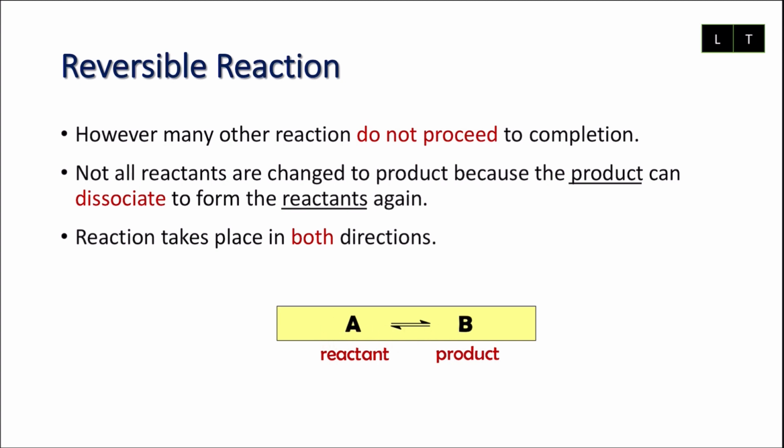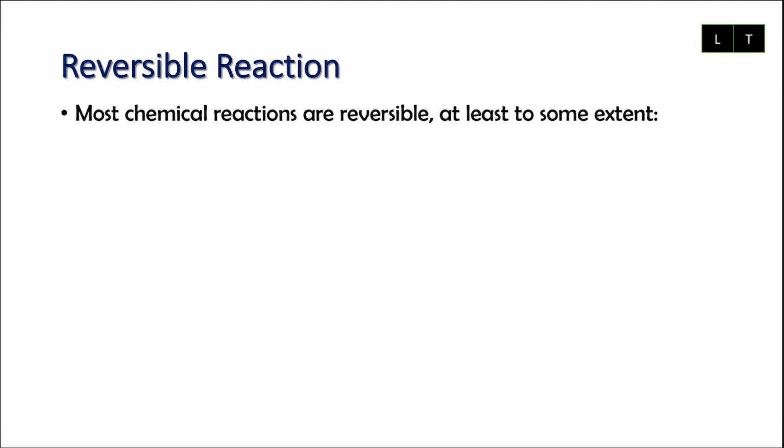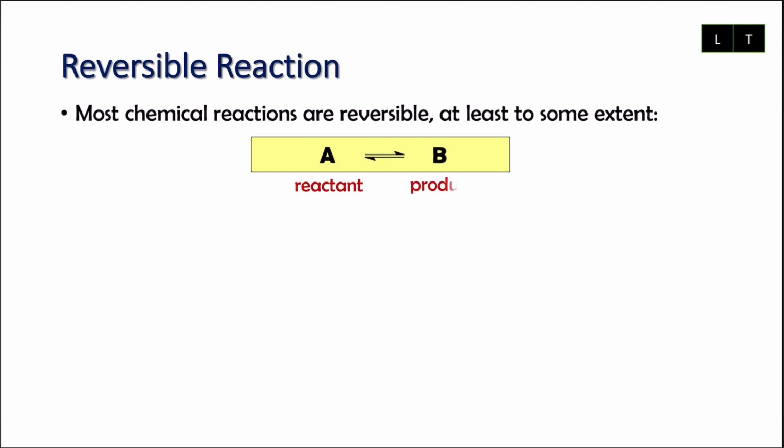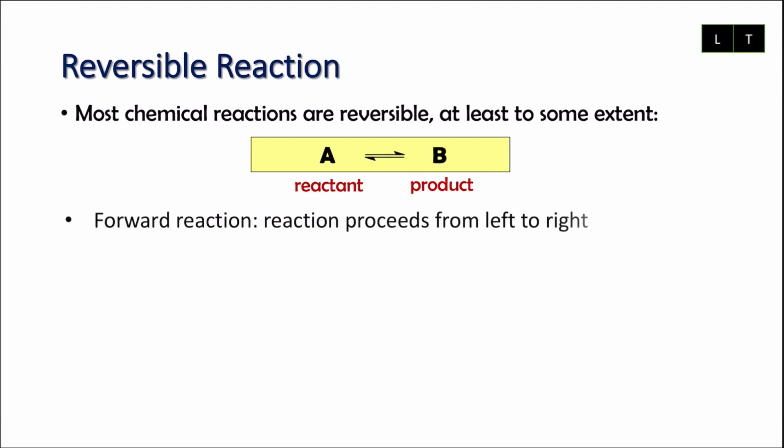So itulah reversible reaction. Dan most of chemical reactions are reversible, at least to some extent apabila dia ada condition like this one. Dan sign reversible ini sangat-sangat penting. Di mana untuk bahagian atas, this is to indicate the forward reaction, proceeds from left to right.